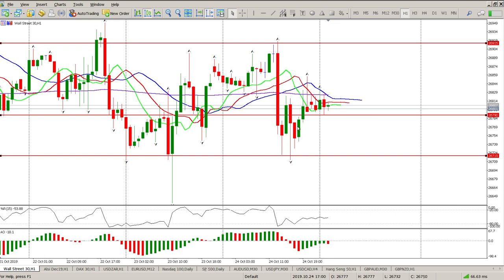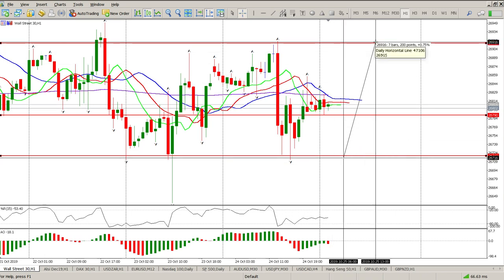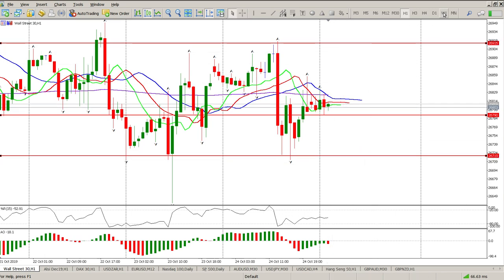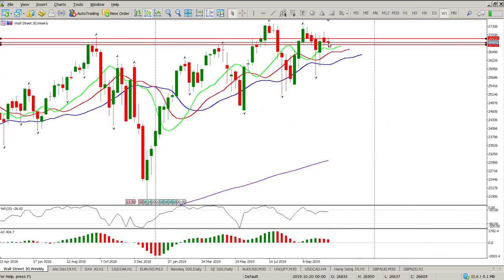But at the same time, I don't expect this thing to fly to the bottom. I expect it probably just to hover around a little bit down and then back up, and pretty much range in this range for the rest of today. Now that gives us a weekly. We'll just look at the weekly, probably a weekly spinning top or a weekly range bar, whichever way you want to look at it, but pretty much indecision.